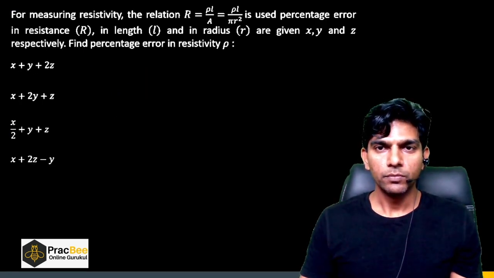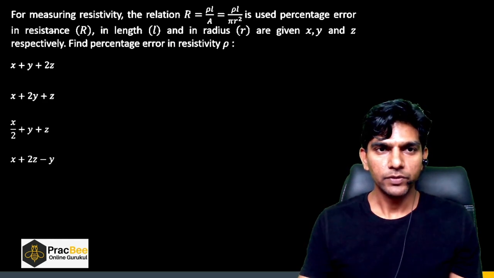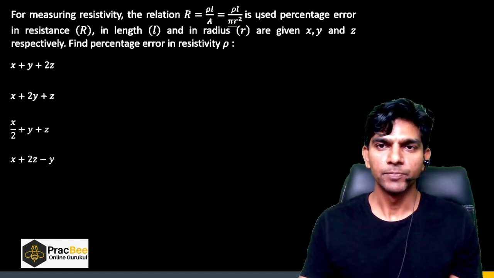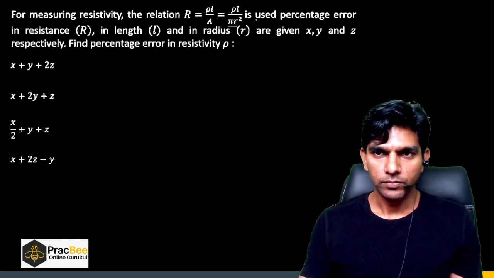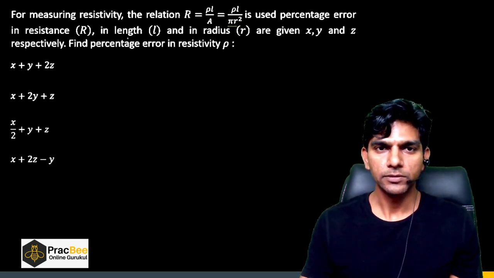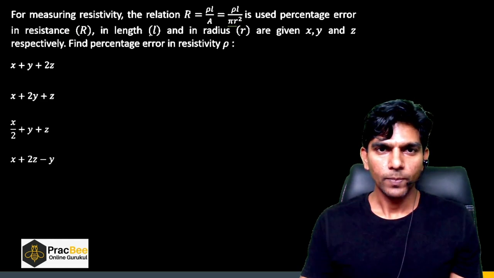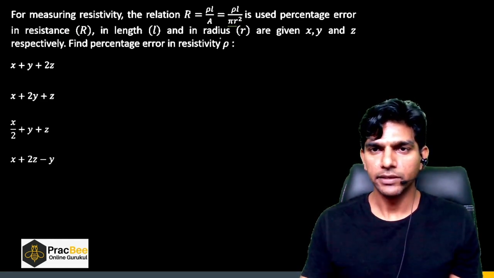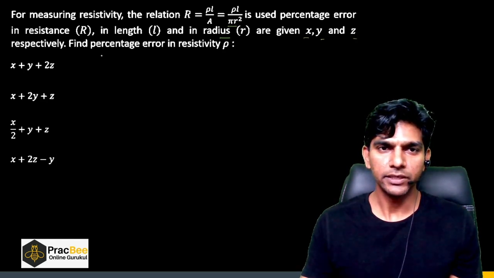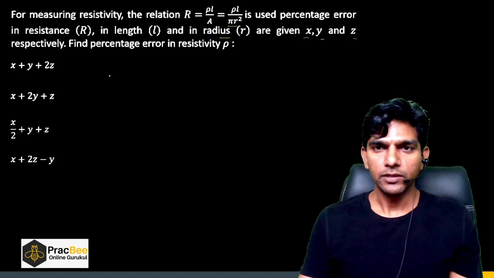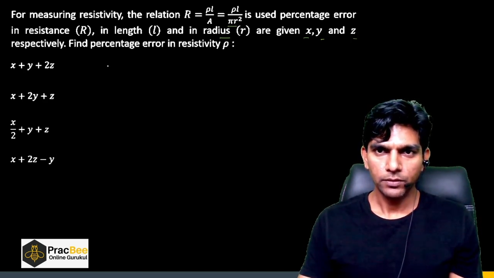Next question is from error analysis. So we are given that for measuring resistivity, the relation is R equals rho L by pi r square, where r is the radius of the conductor. The percentage errors in the resistance, length, and the radius are given as x, y, and z. Find the percentage error in the resistivity.